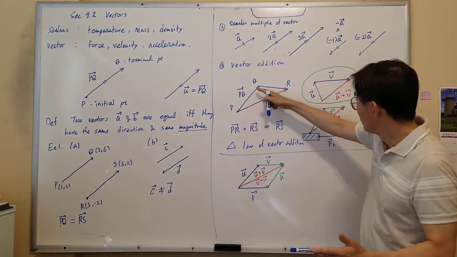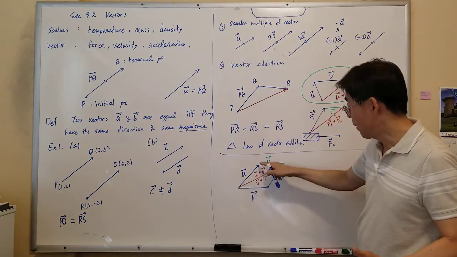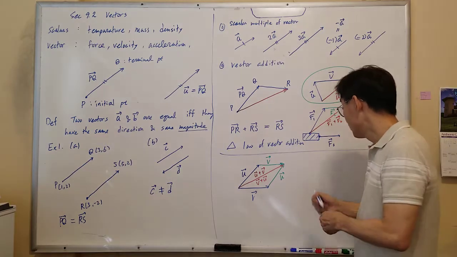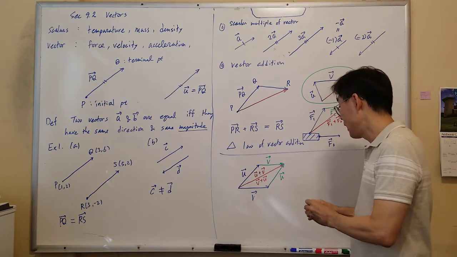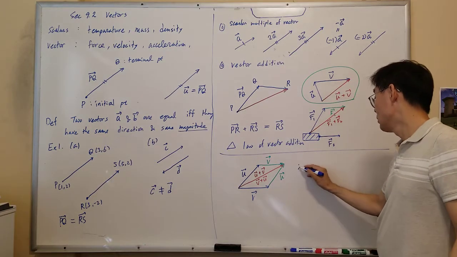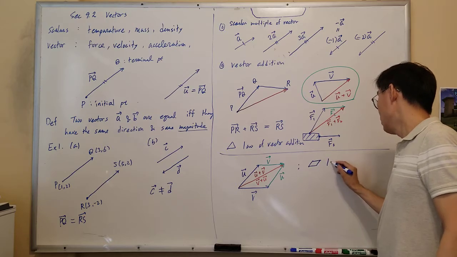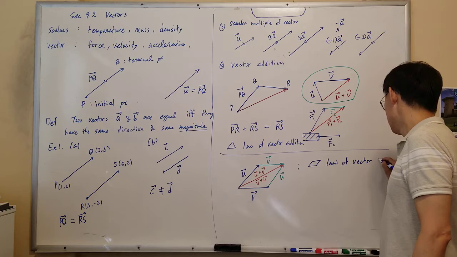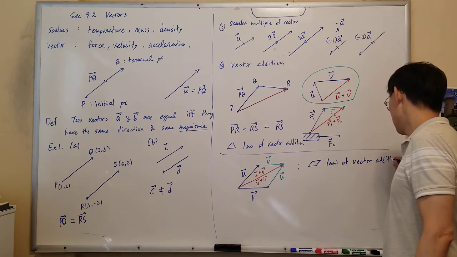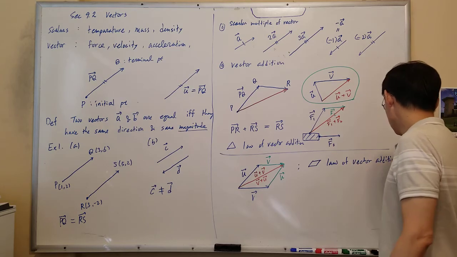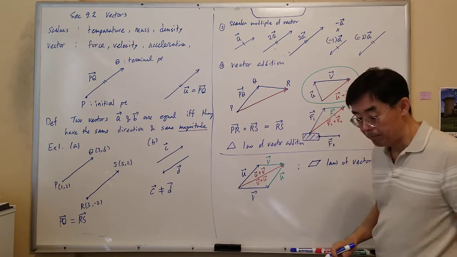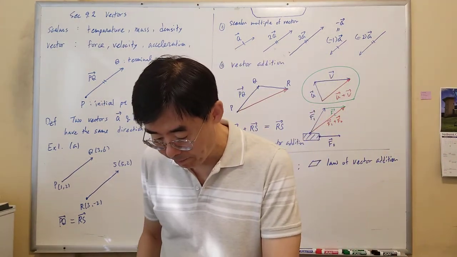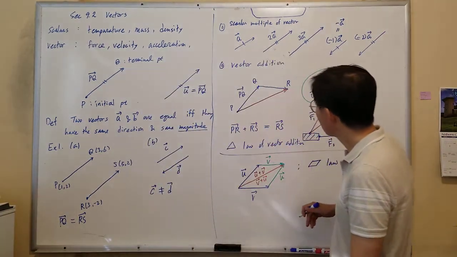Which is equivalent to this. I mean, we just got this one from back-to-back drawing, right? So this method of getting the sum of two vectors is called the parallelogram law of vector addition, which is essentially the same as the triangle law of vector addition. Okay? All right. That's how we define vector addition.